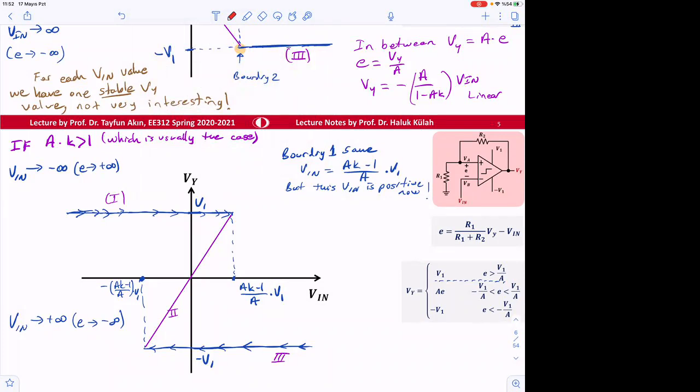When the output is minus V1, we can call this thing, let's say, stable state 3. This is a stable state 1. Or I don't know how to call this thing. But there's another state here, let's say state 2.